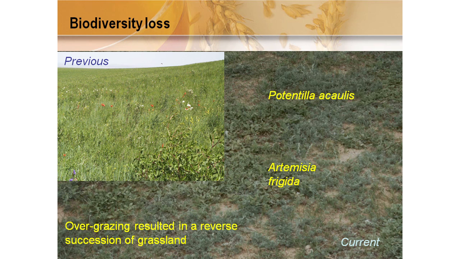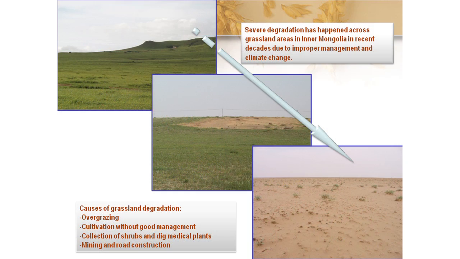Here is a comparison of the diversity in the past and the present, and we can easily tell there are lots of species lost after long-term overgrazing. After long-term overgrazing, the grassland will degrade for sure.